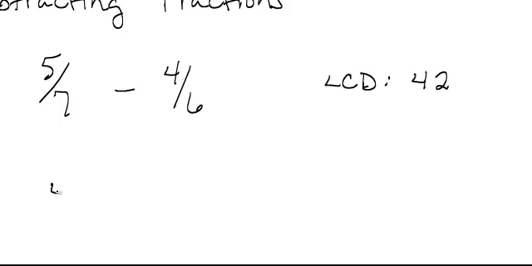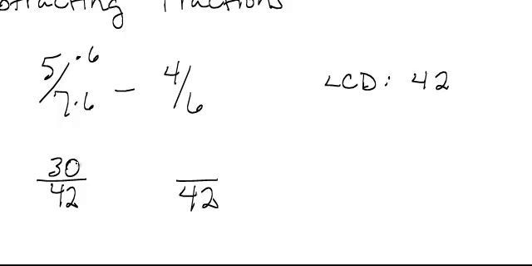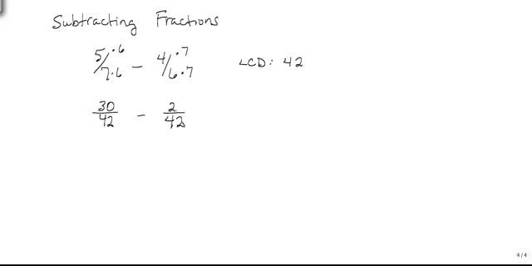So in order to get 42 in the denominator, I'll multiply the 7 by 6 to get 42 as long as I multiply the 5 times 6. So I have 30/42. In order to get 42 here, I'll multiply the 6 by 7 as long as I multiply the 4 by 7, which would give me 28.